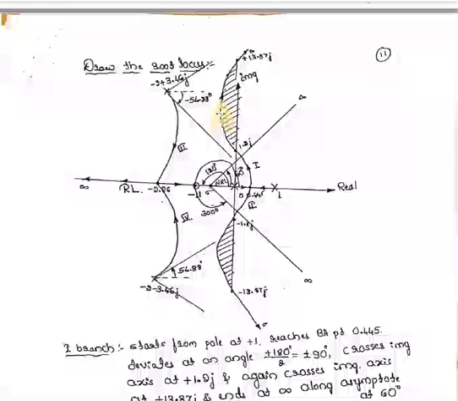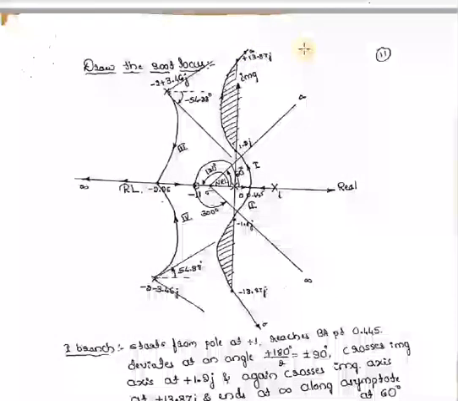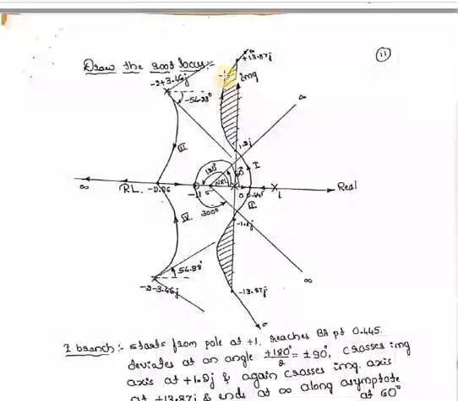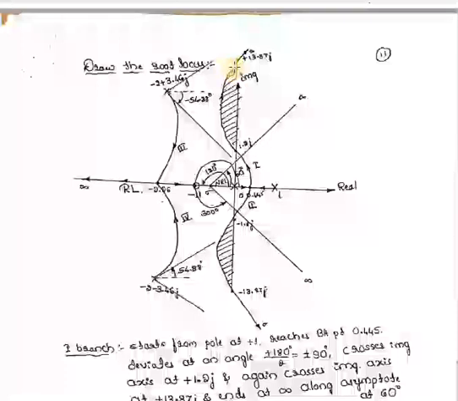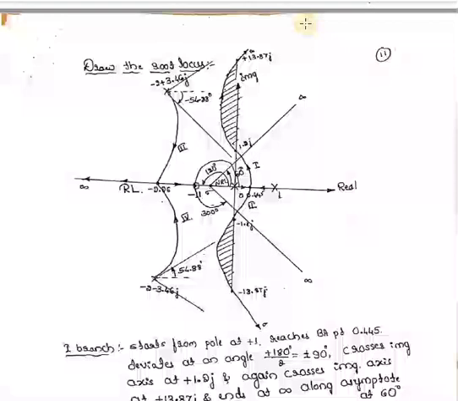Then again it will have the intersection with imaginary axis at 13.87. Then it will tend to infinity by following this asymptote. So this asymptote line and the tending line of this route will be parallel to each other. So starting from 1, coming to the breakaway point, having the intersection with imaginary axis at 1.2j, then second time it is having the intersection with imaginary axis at 13.87j, then it is tending to infinity.